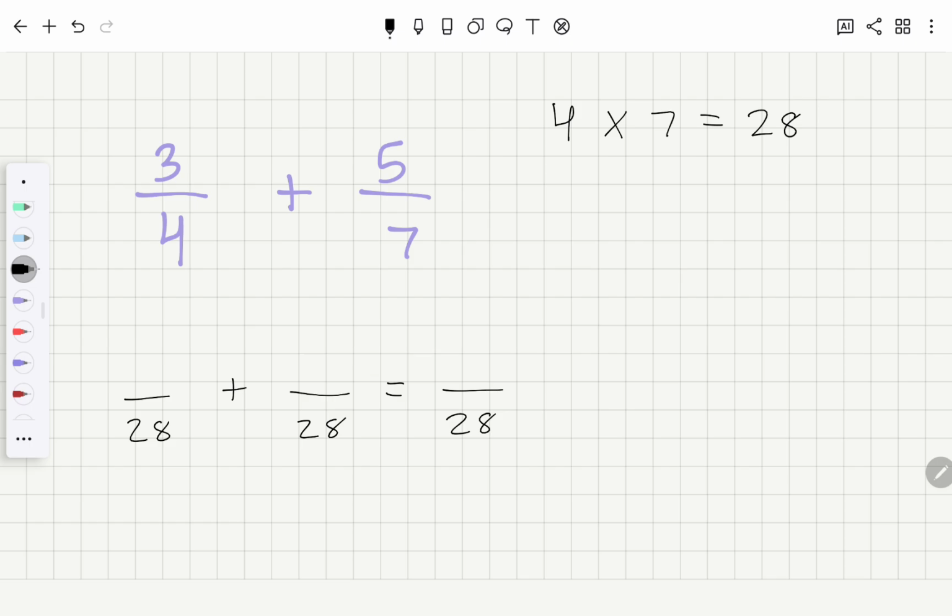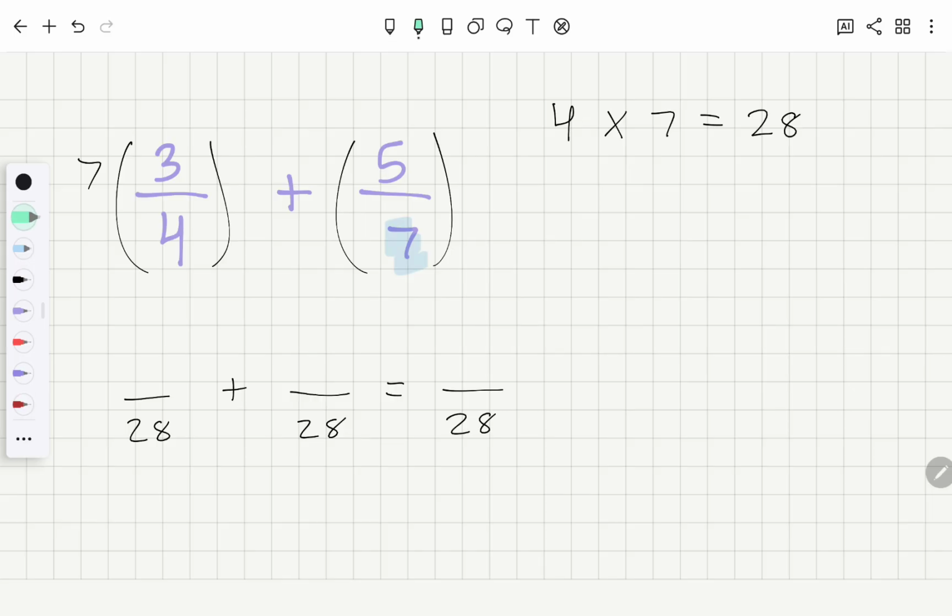Okay, now I have to find my numerators. Remember, we do that by multiplying our whole fraction. How many times do we have to multiply 4 to get to 7? Again, you can just look at the opposite denominator, so 7.